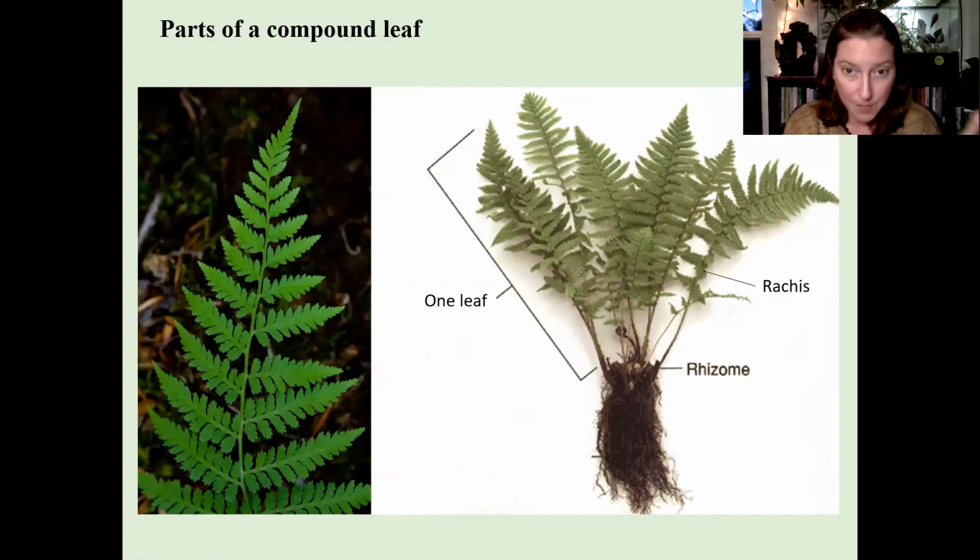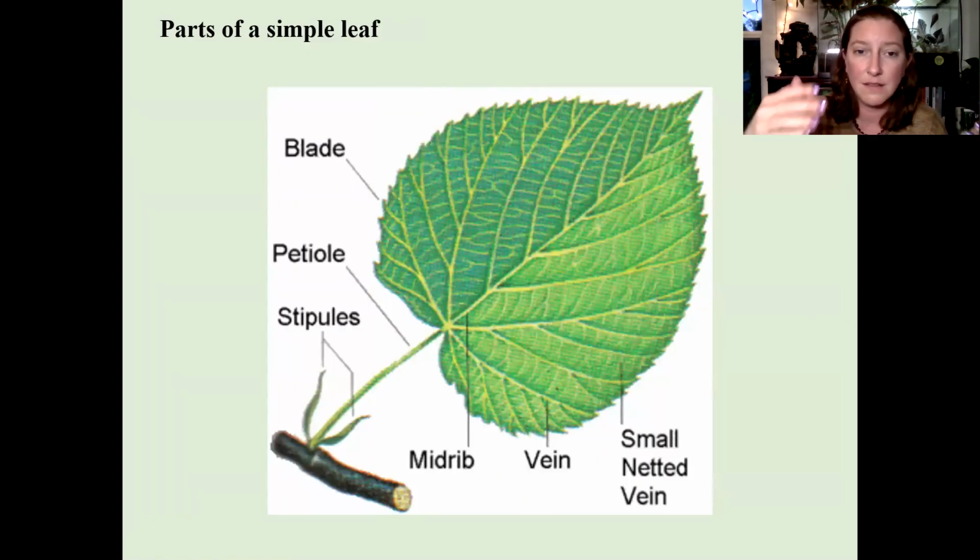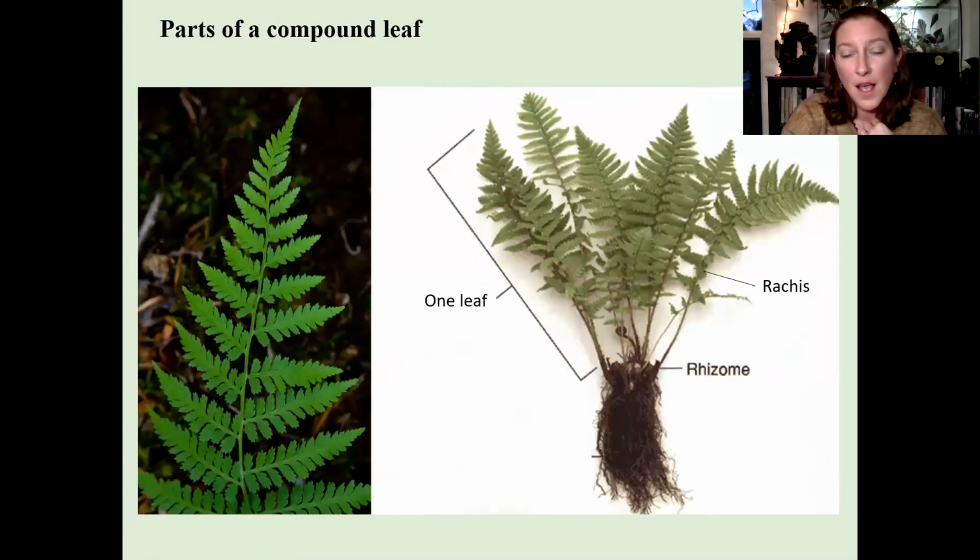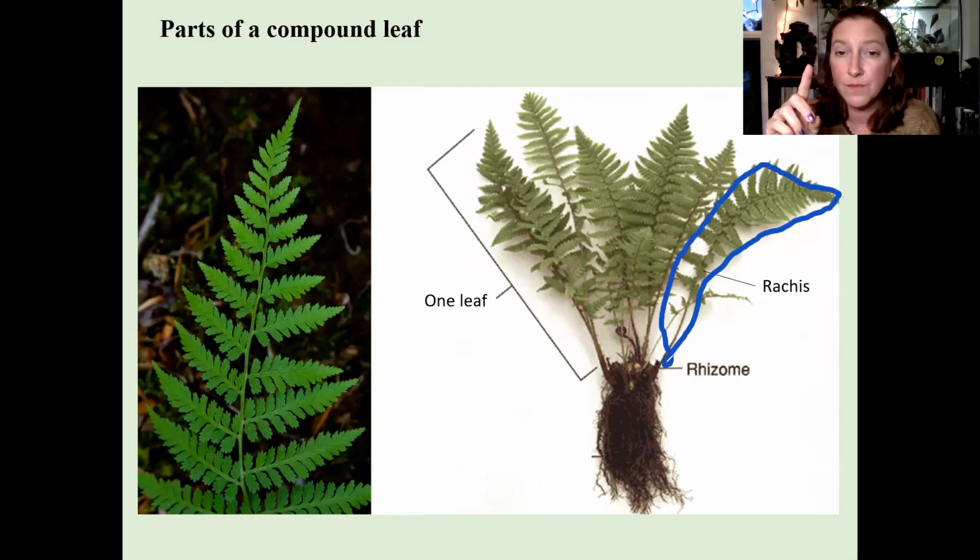Compound leaf is another type of leaf in that it's way more complex than this, right? In terms of the compound leaf, I'll do the one on the right because it's easier to see. This whole thing is one leaf. That whole thing is one leaf, right?